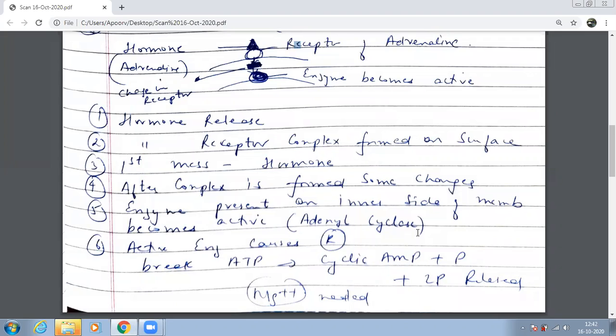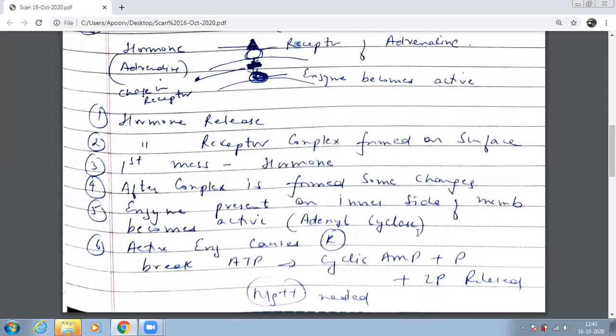A complex will be formed. What is that complex called? Hormone-receptor complex. So your first messenger is going to be the hormone. Where was the receptor present? On the surface of the membrane. Very good.